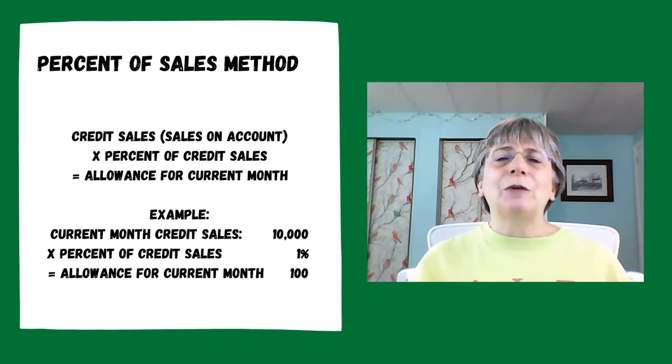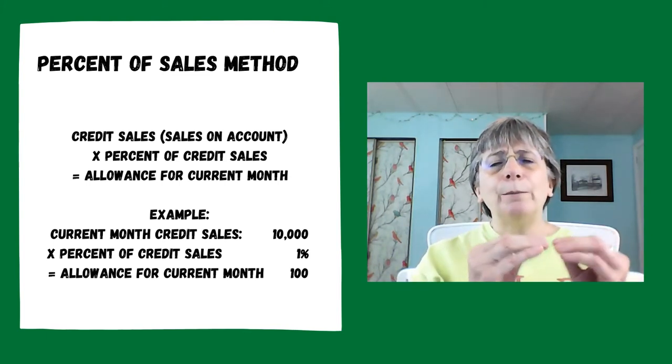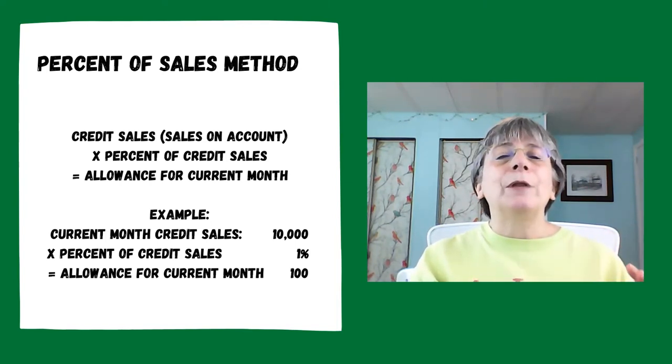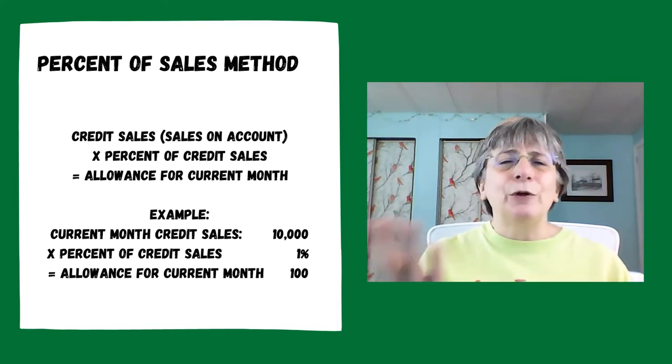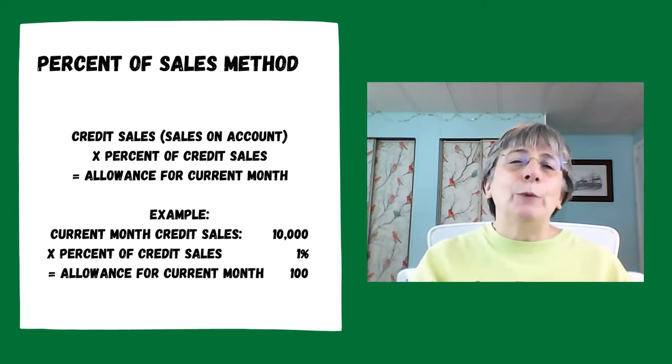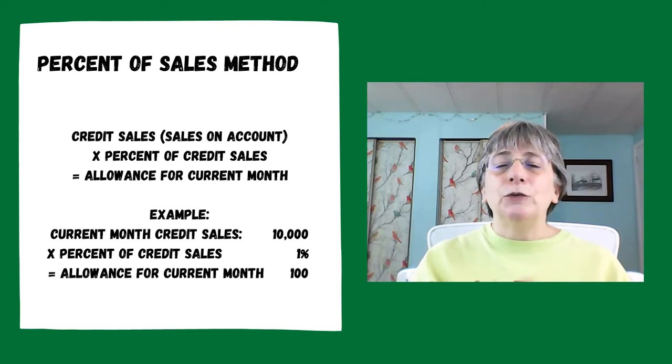So we can adjust that percent as we need to. So we're going to take our current month credit sales and we're going to multiply it by whatever that percent is. So I've used a figure of $10,000 in credit sales, and our percent that we're estimating we will not be able to collect on is 1%, for an allowance for the current month of $100.